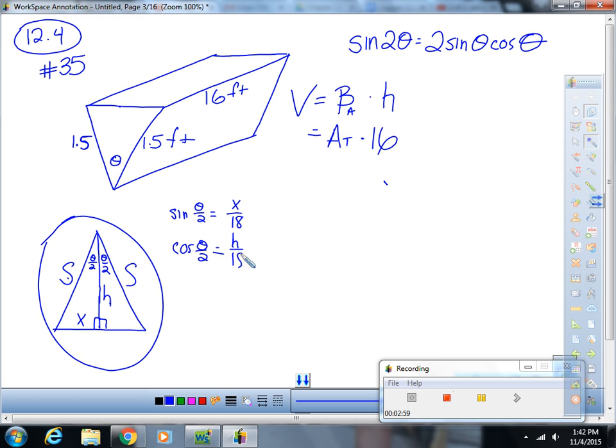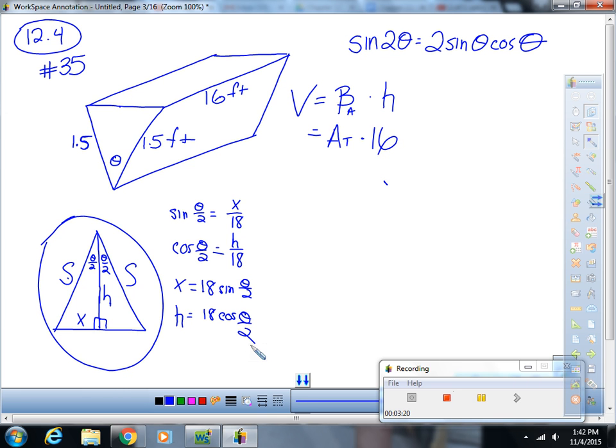Okay? Does everybody agree? So, I know that x is 18 sine theta over 2, and I know that h is 18 cosine of theta over 2.